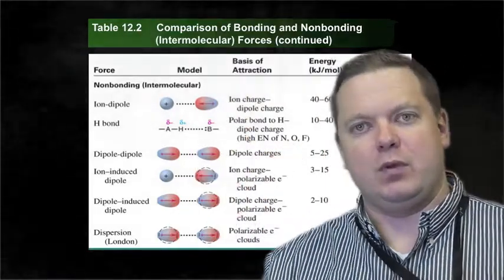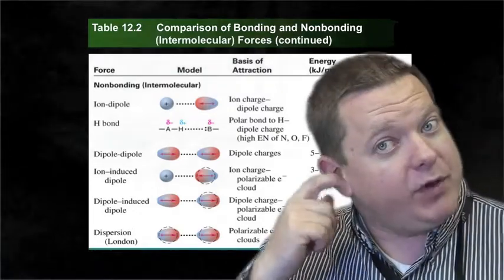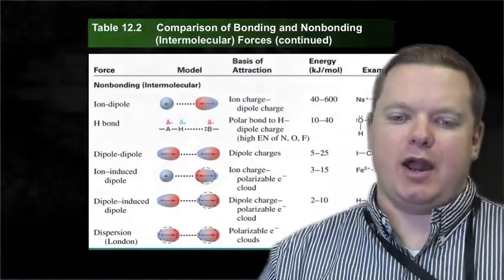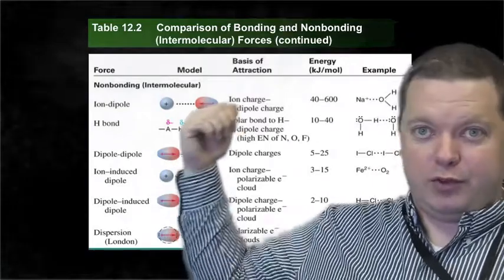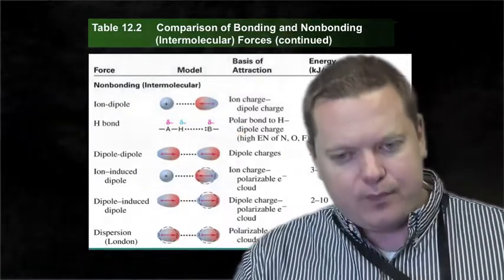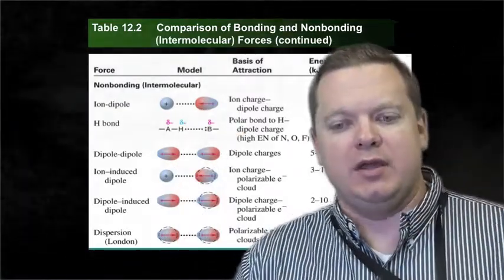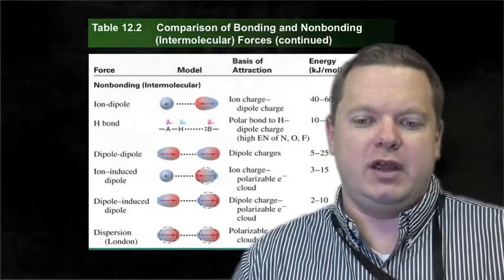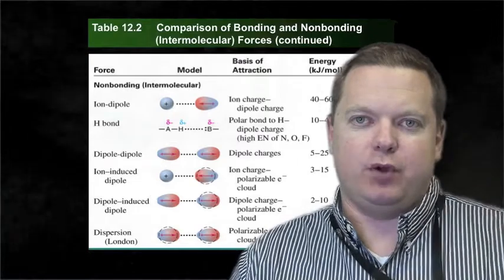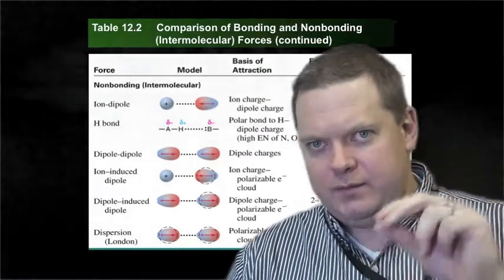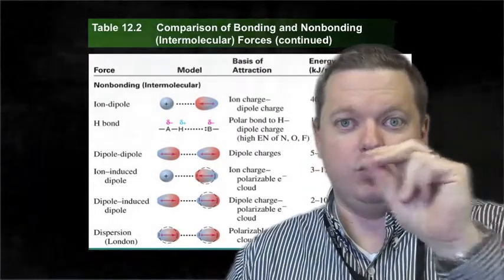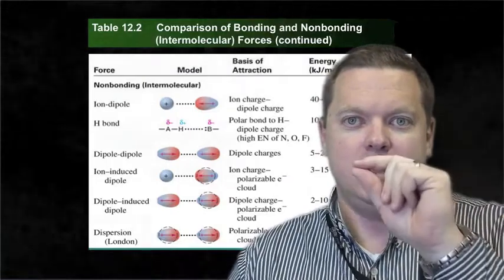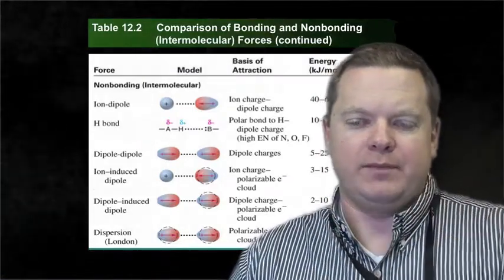of the other. A special type of these dipole-dipole interactions is what we call the hydrogen bond, the one immediately above that. It's higher in strength, and it comes about because of the exceptionally high electronegativity of nitrogen, oxygen, and fluorine. So we're looking at a hydrogen that is directly bound to one of those three atoms, a nitrogen, an oxygen, or a fluorine.